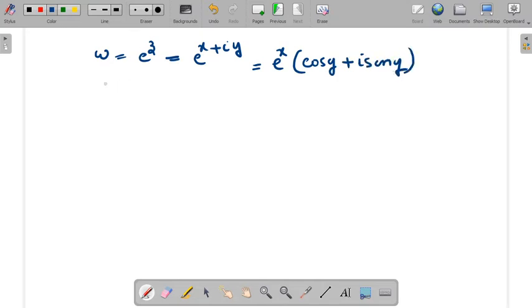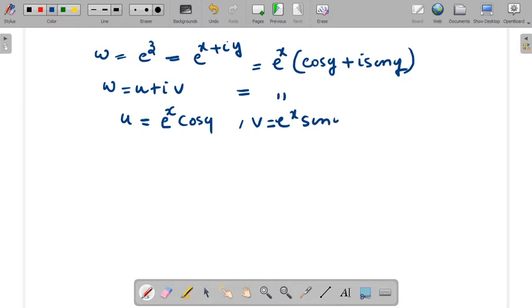So we write w equal to u plus iv, and u plus iv is equal to e raised to x into cos y plus i sin y. So what we get is u equal to e raised to x cos y, and v equal to e raised to x sin y.